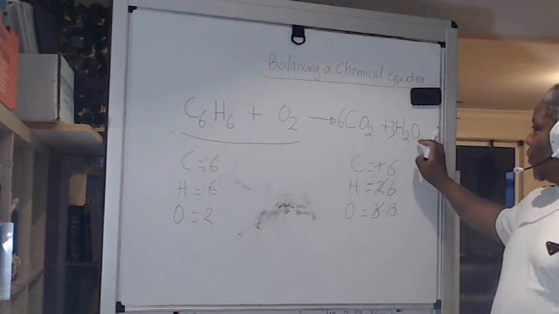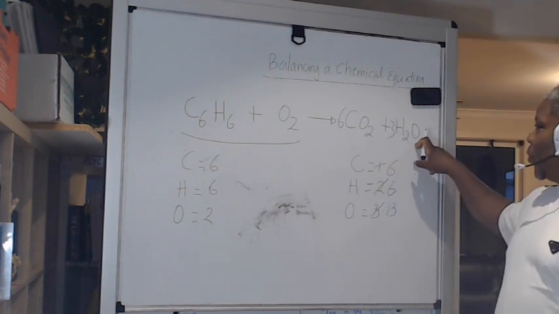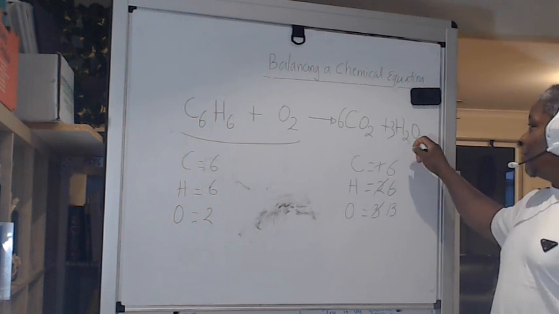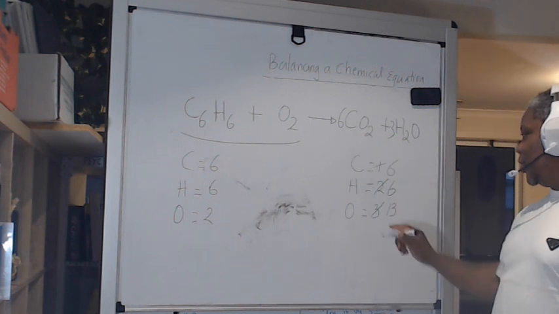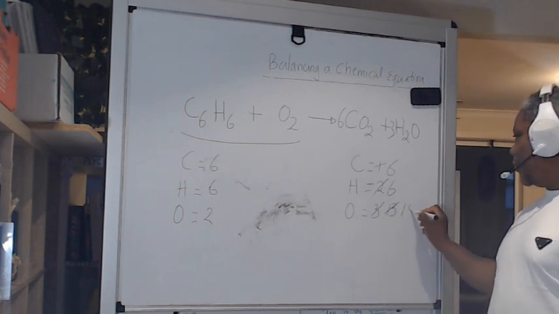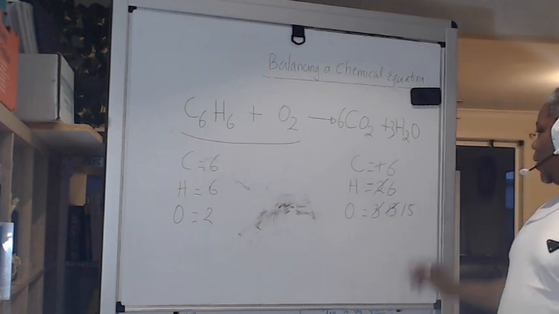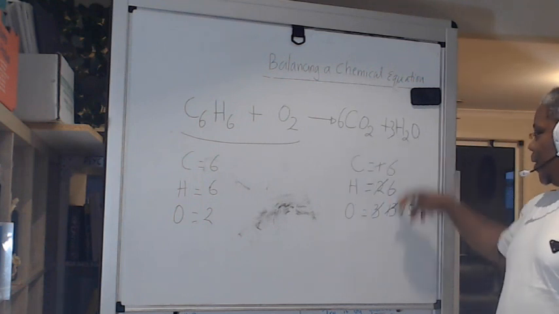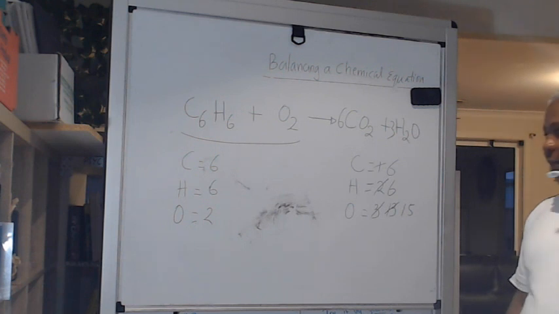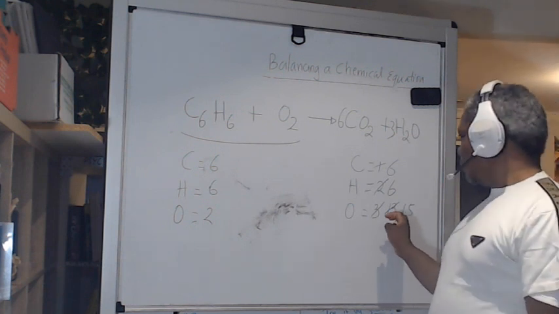But what we have also done is added more oxygen. So that's now 3 oxygens plus that 12 oxygens. So that's now 15 oxygens. Is it? 12 plus 3, yeah, that's 15 oxygens.